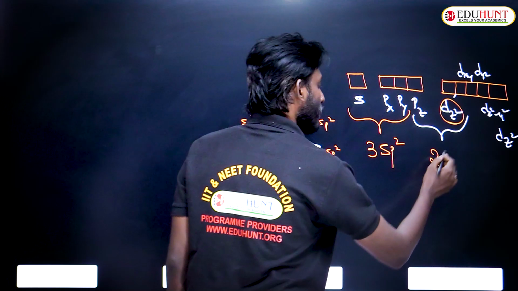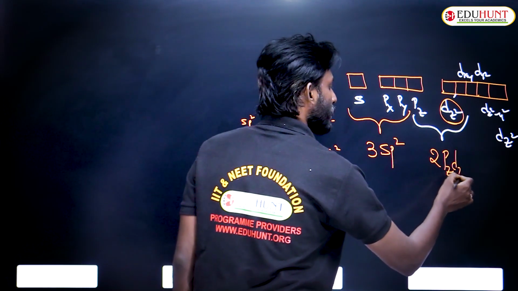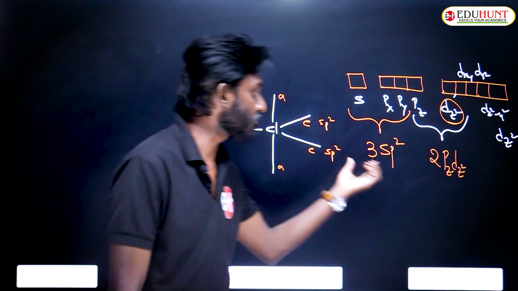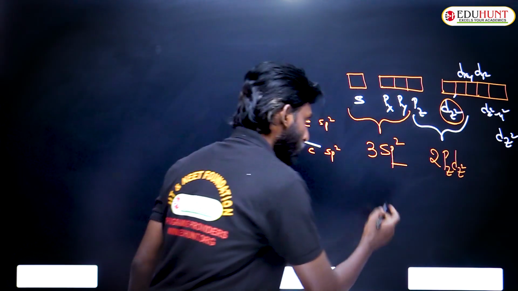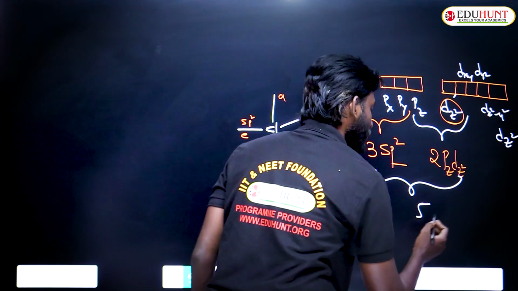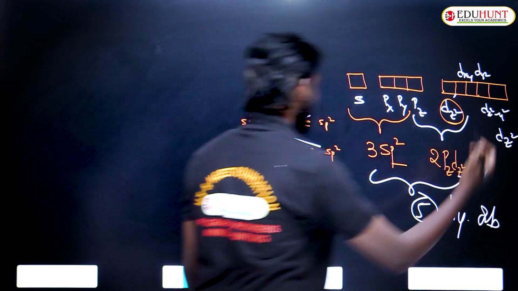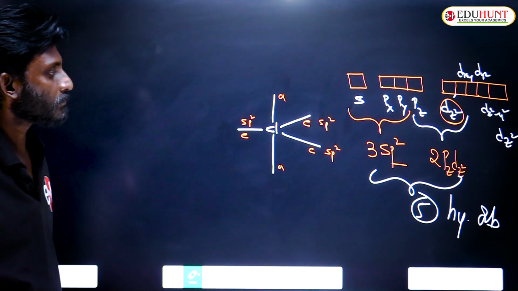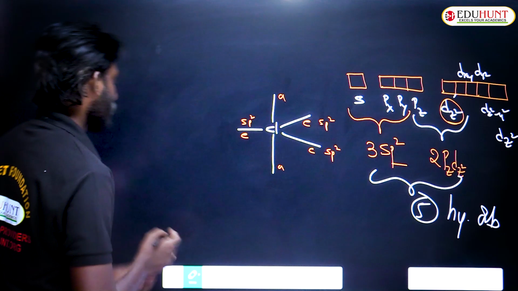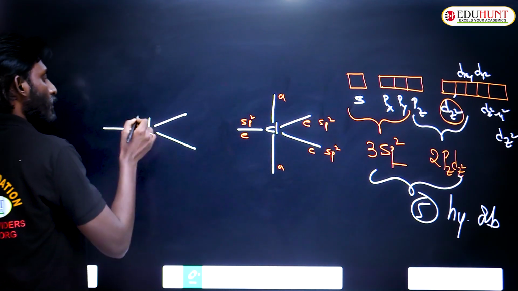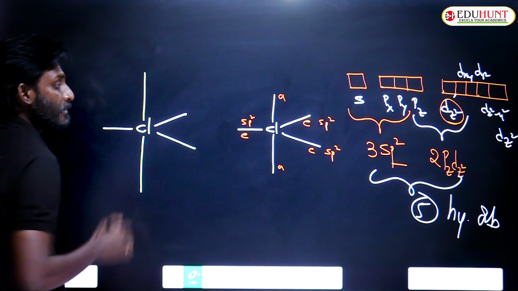What type? Pz, dz. So that's how there are 5 hybrid orbitals, a total of 5 hybrid orbitals.